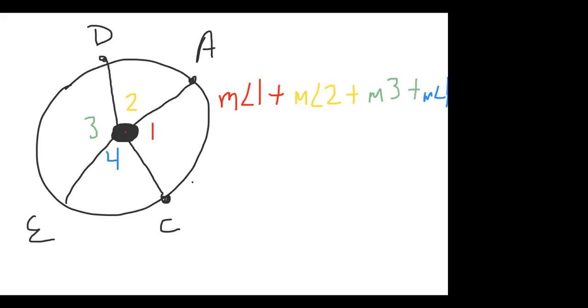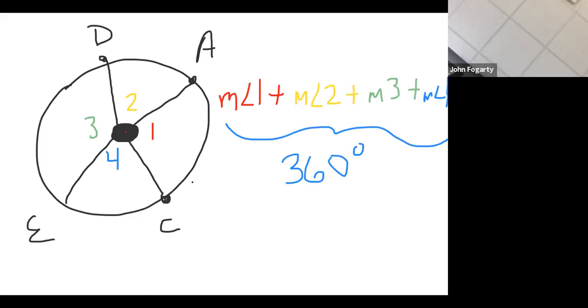What do you think the answer is? 360 degrees. Does that make sense? Here's what you need to know. The sum of the measures of all the central angles of a circle with no common interior points is 360.